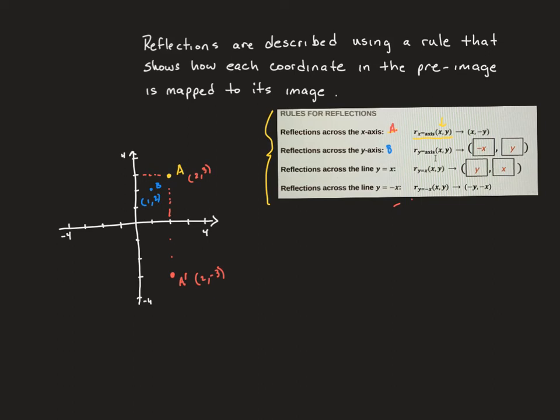And if I reflect across the y-axis, it's going to come to (negative 1, 2), and that is B prime. So the only thing that changed is my x value. When I reflect over the y-axis, (x, y) becomes (negative x, y). We saw the negative change because the value of x changed as we crossed over the y-axis into the negative region.